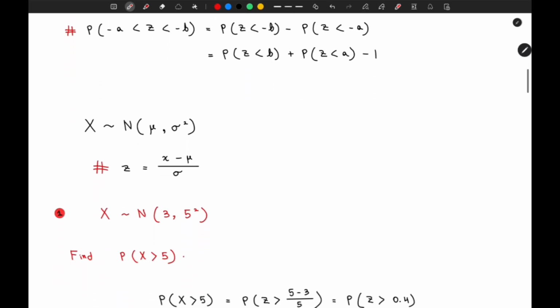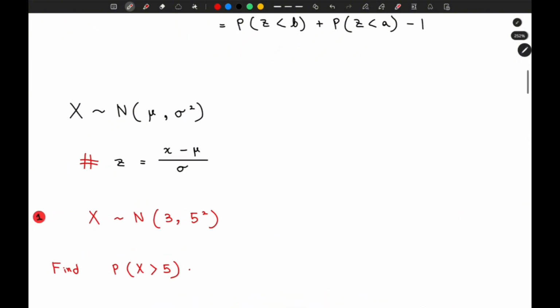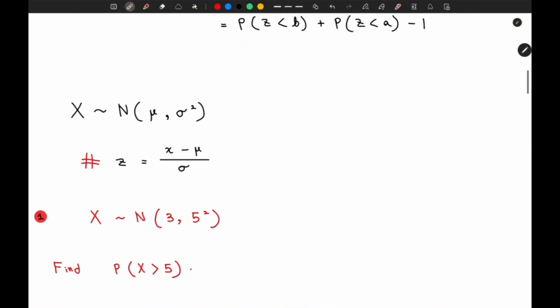Now let's talk about the fact that if they give you the values in terms of x, in that moment you need to convert the values of x into z. The formula to convert the values is z equals x, or if it's y, or h, or d, anything other than z.